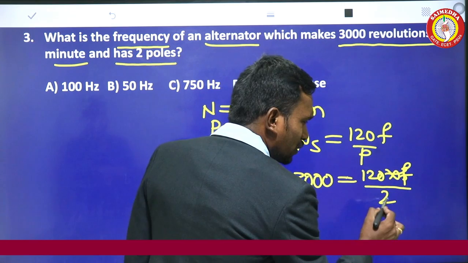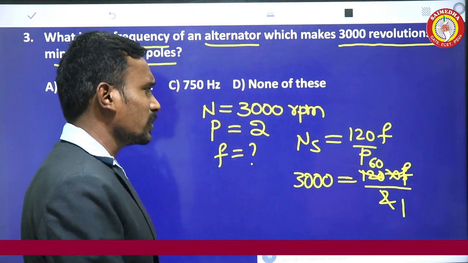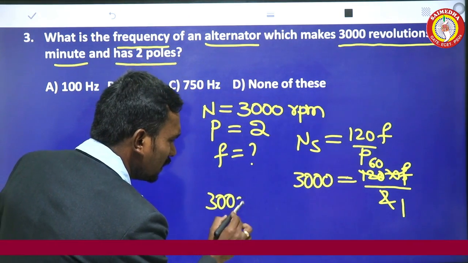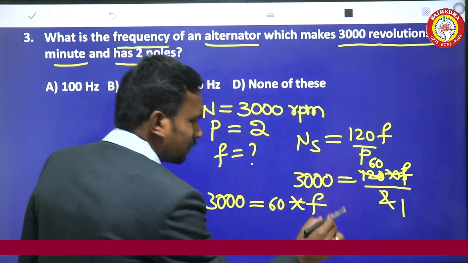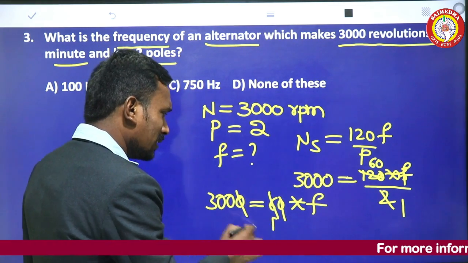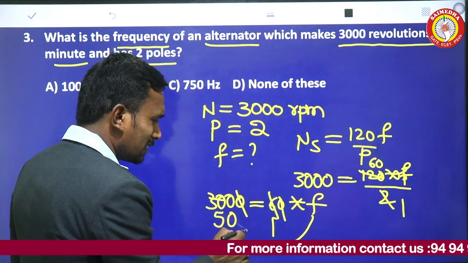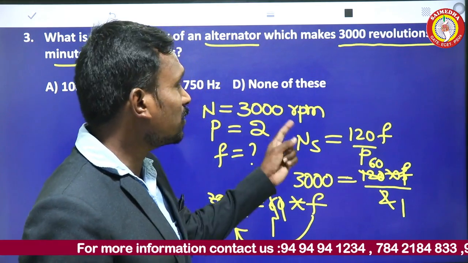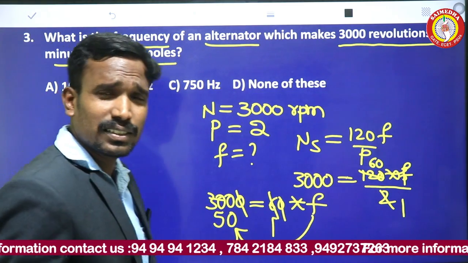So 2 ones are 2, 2 sixties are 120, so we have 3000 is equal to 60 into f. The zeros get cancelled, 6 fives are 30, so the frequency is 50 Hz.